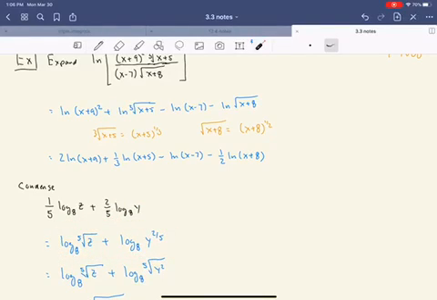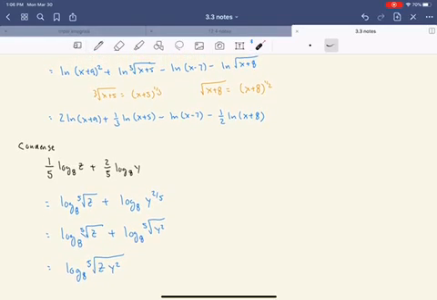Then we're going to say, well, we add logarithms. Well, actually, first thing we're going to do, we're going to rewrite that. That's the 5th root of y squared. The 2 comes from here, and that's the 5th root.